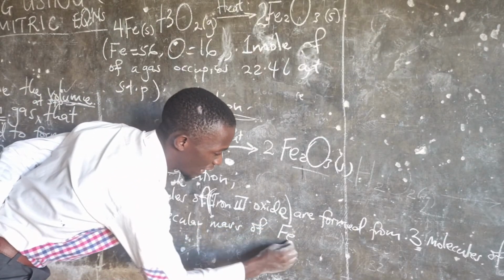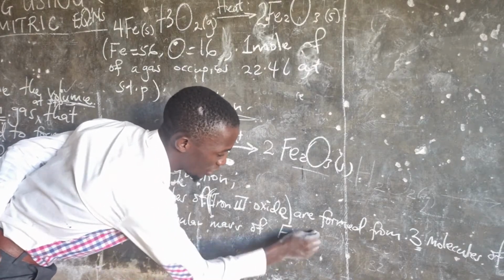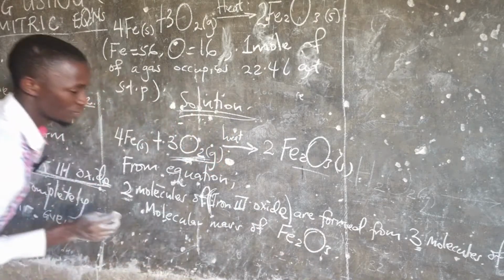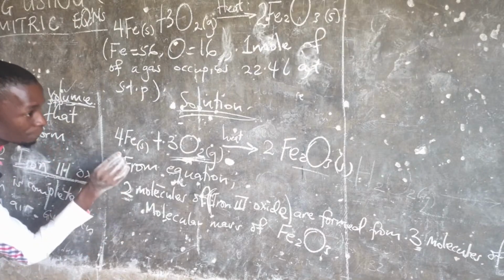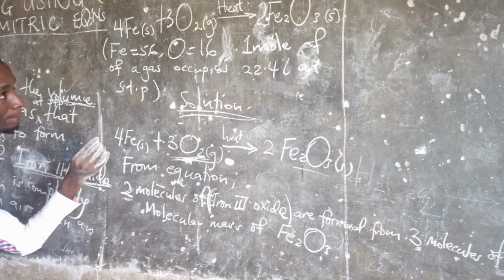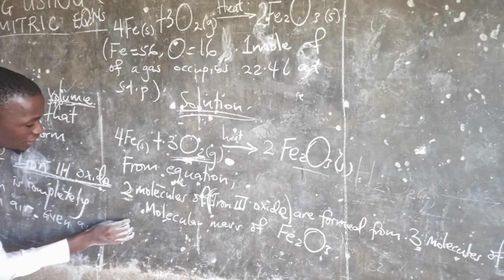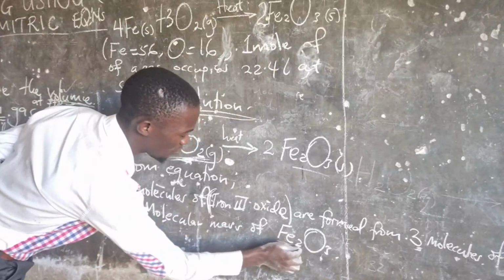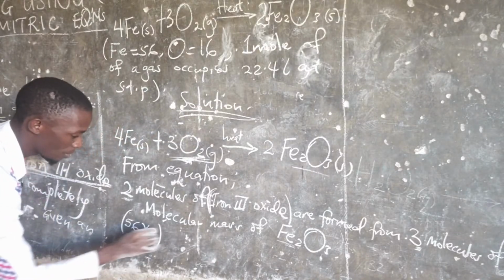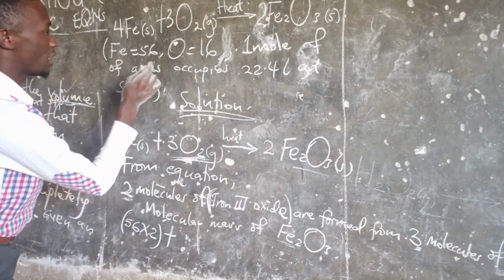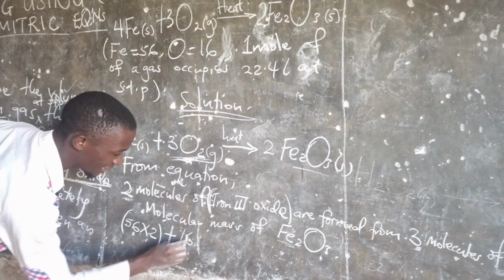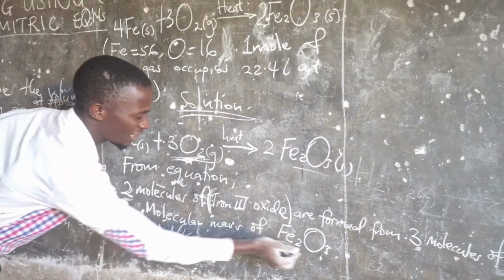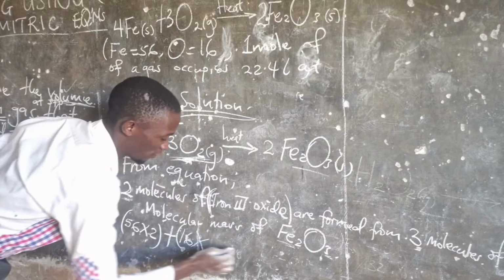We know the formula of iron 3 oxide. So it will be iron, which is 56, times the number of iron atoms in the formula, which is 2, plus the atomic mass of oxygen, which is 16, times the number of oxygen atoms in the formula, which is 3.